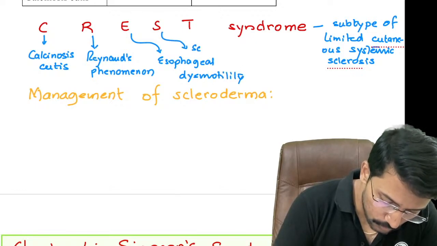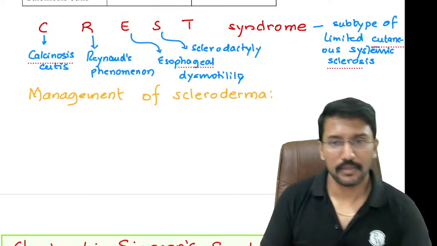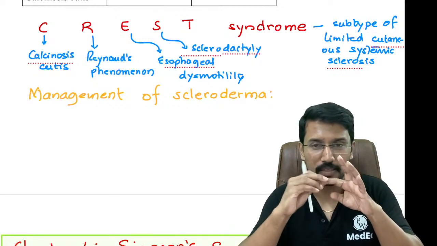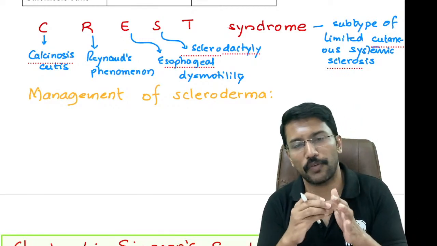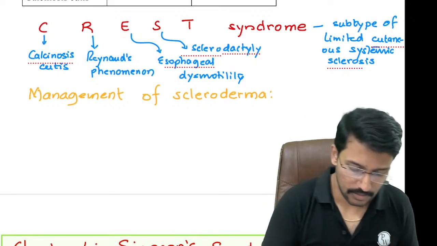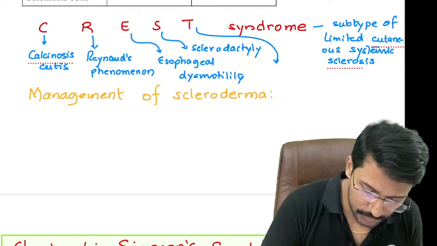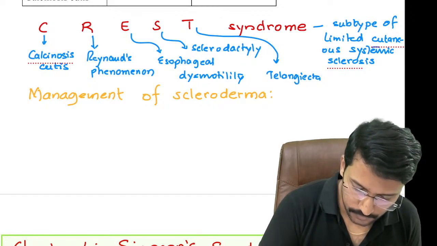S here refers to sclerodactyly. What does that mean? The skin of the fingers is becoming sclerosed or fibrosed. So because of that, the fingers are shrinking in size, right? And then T here refers to telangiectasia.